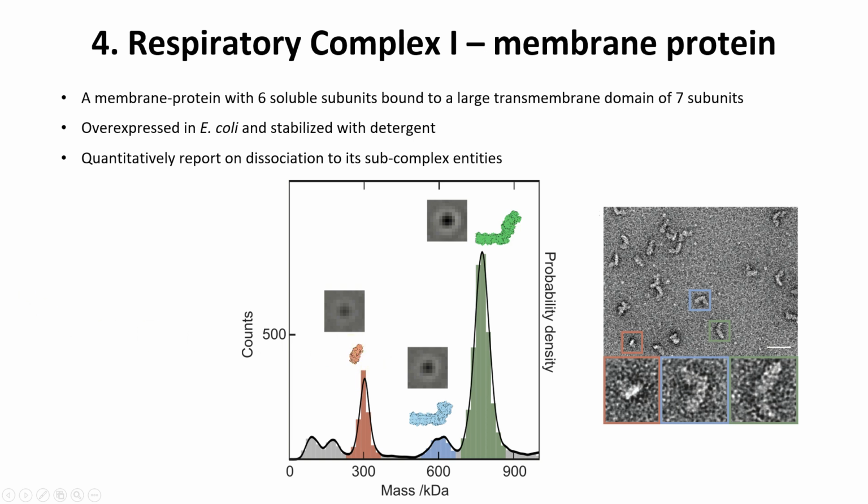You can assign each one of those peaks, and you can see exactly what you see. To the right, you can see the micrograph and the assigned subcomplexes or full complex, which correlates to exactly those species. So here, the important thing is that you can quantify it also for membrane protein, and you can do it in a quantitative way.